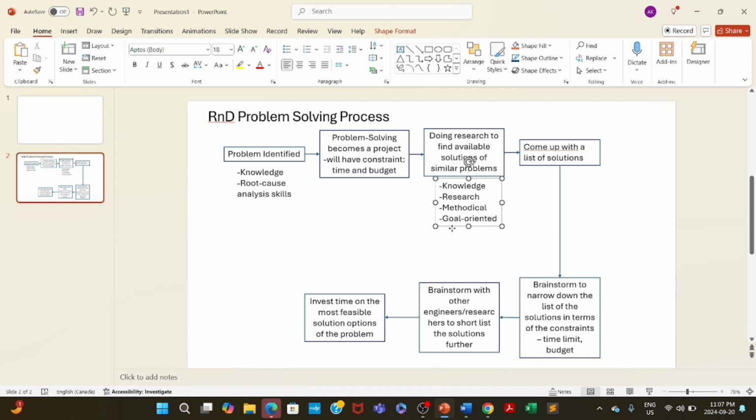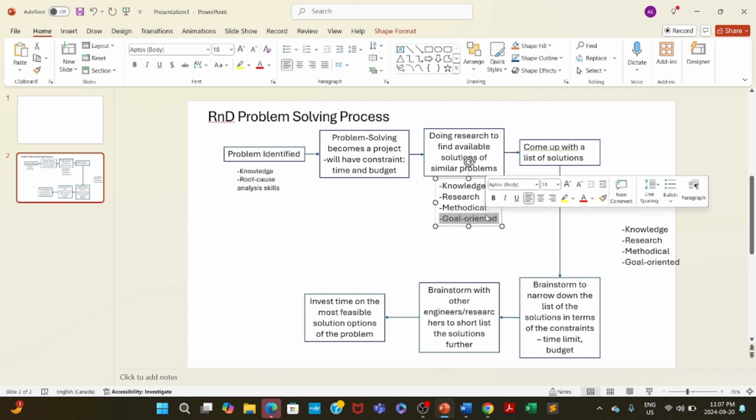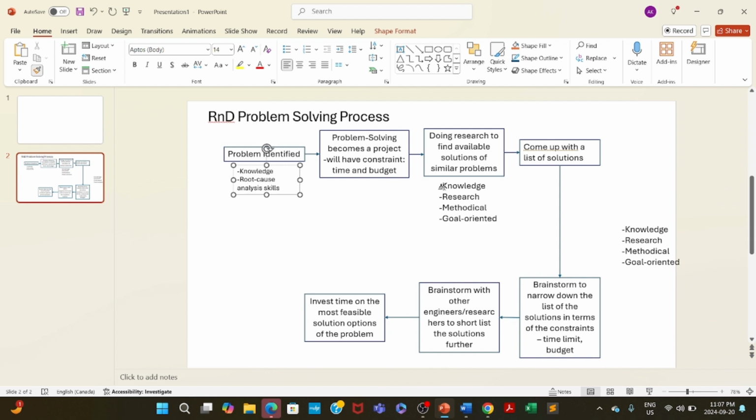I'll probably write these things here. Let's make it smaller. We'll make it 10, not 10, maybe 14. Yeah, good. This one, if this is 14, this should be 14 as well.